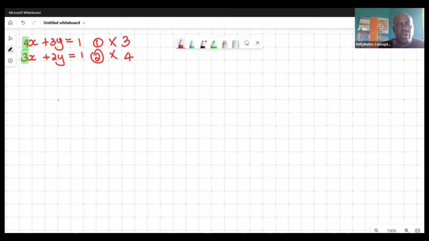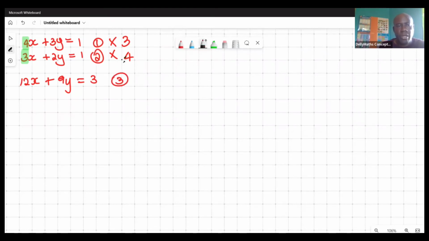We're going to create 2 more equations. So let's go. 3 times 4, that is 12x. 3 times 3y is going to give me 9y, which is equal to 3 times 1, which is 3, and this is equation 3.